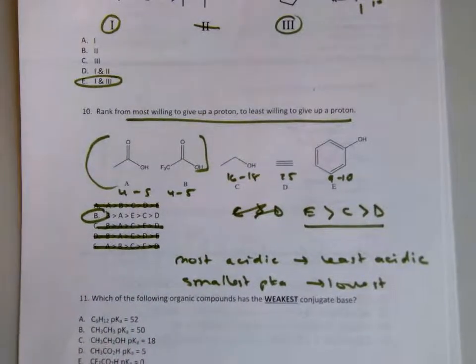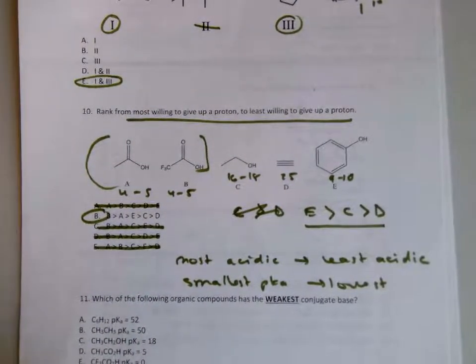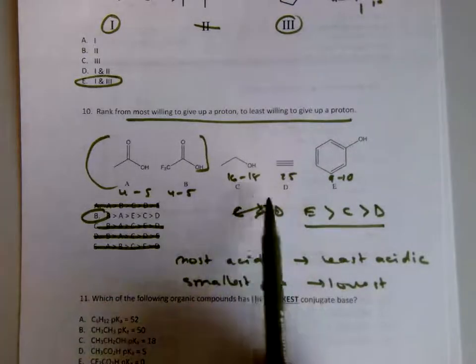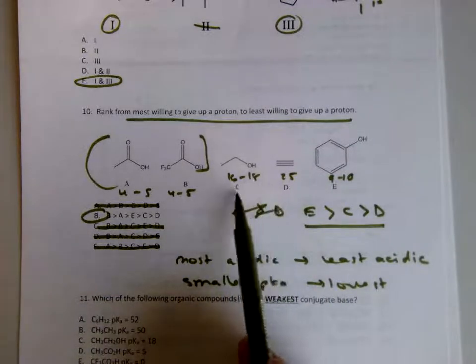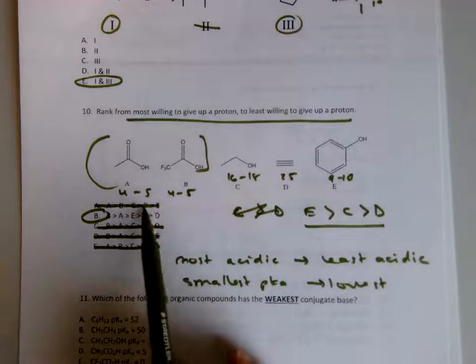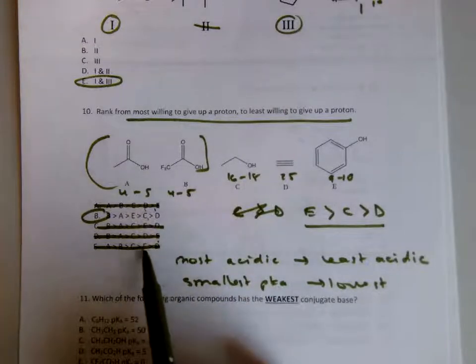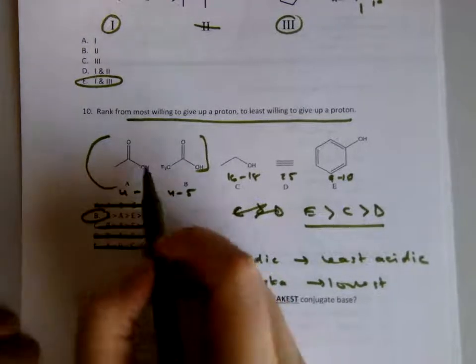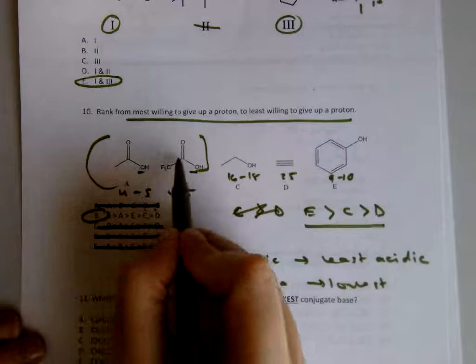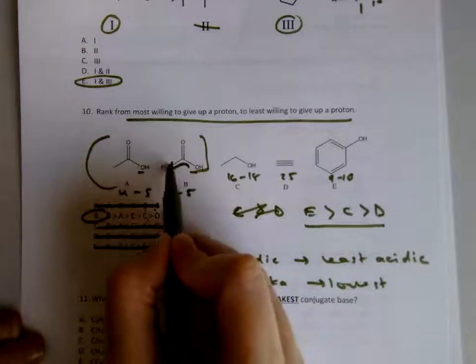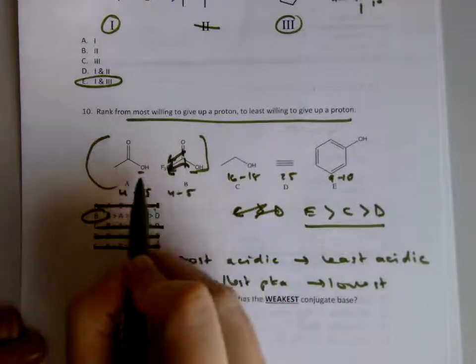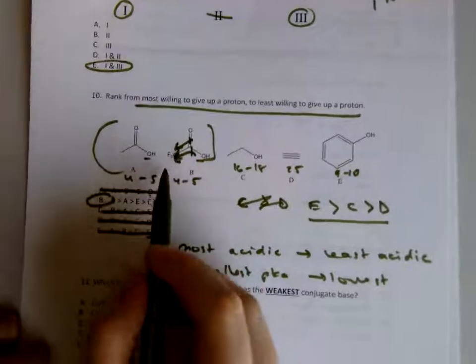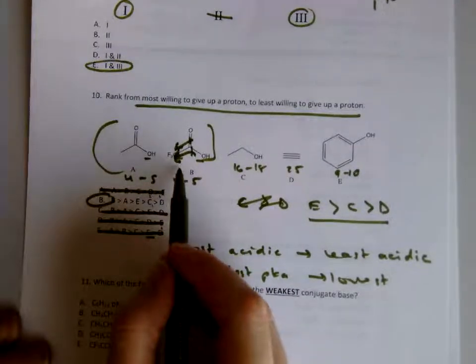Now, if you don't have that test-taking technique, or if you weren't sure about E, you could just make sure that C and D, the two largest pKa values, were last. So CD, CD, CD, CD, CD. Nope, there's only one that has CD as the last one. But let's compare these anyway. These are the same functional group. However, this has a significant amount of electronegativity: 3 fluorines pulling electron density away.